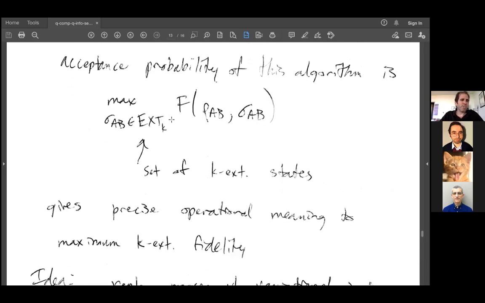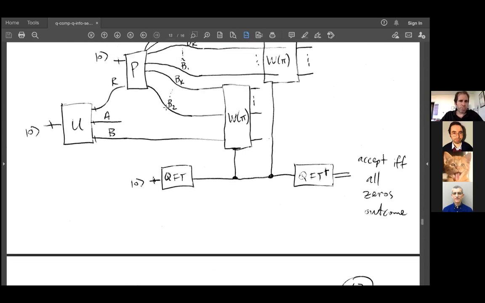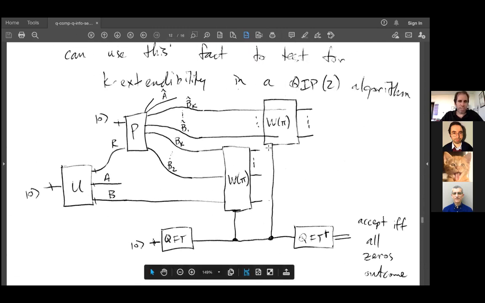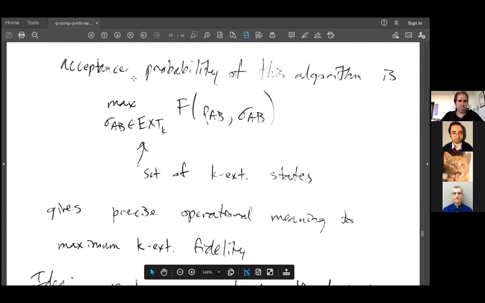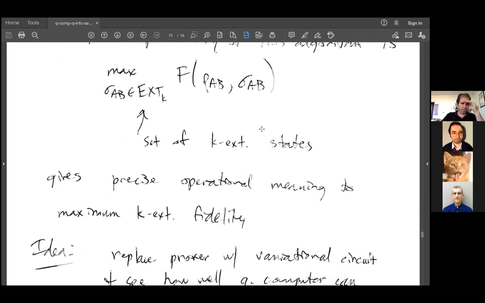So it's interesting because this interactive proof system gives a precise operational meaning to the maximum K extendable fidelity, which is this quantity of interest, right? So it measures the closeness of rho AB to the set of K extendable states.